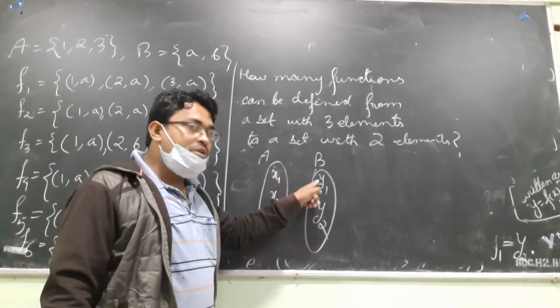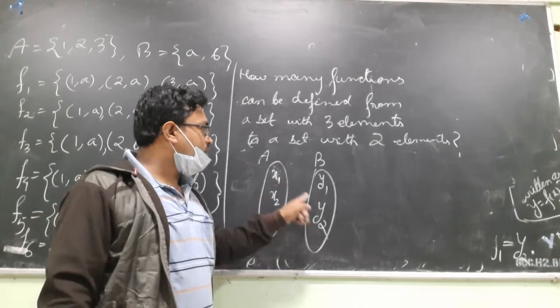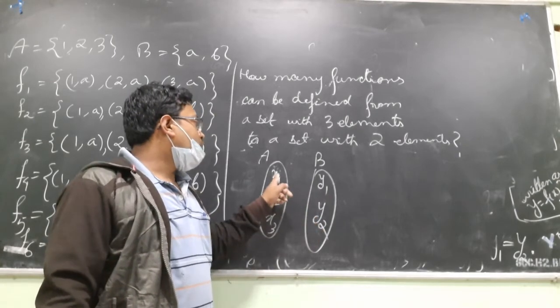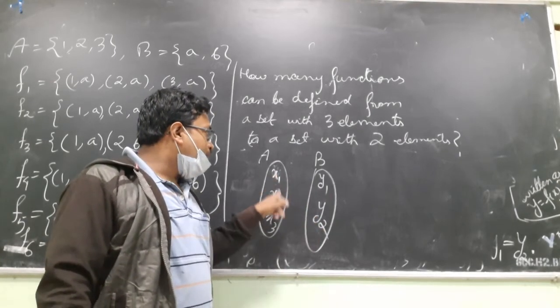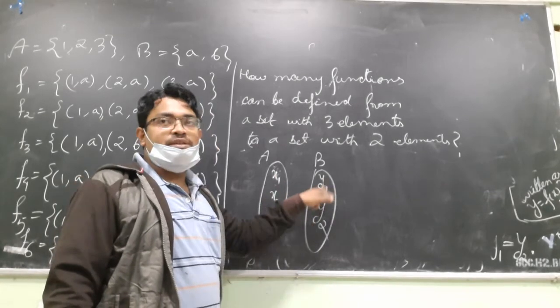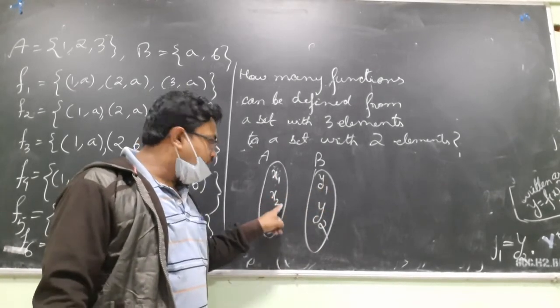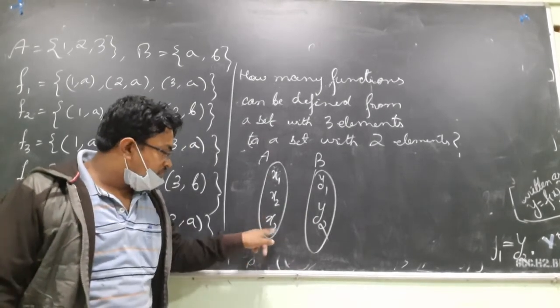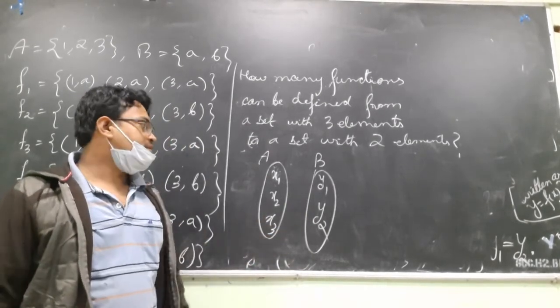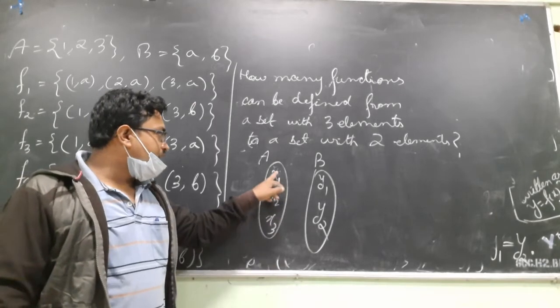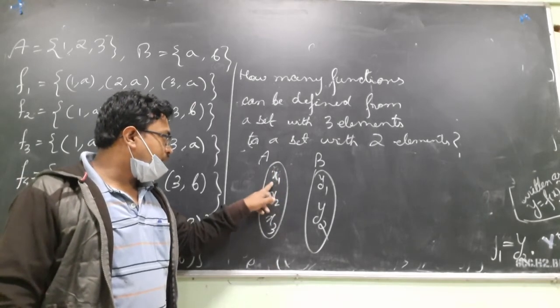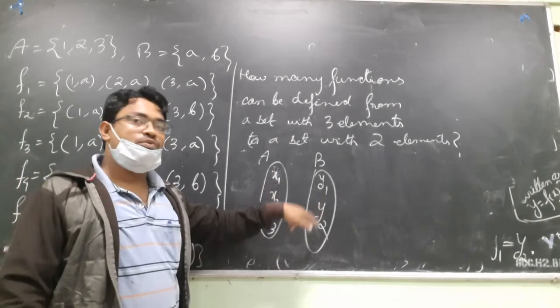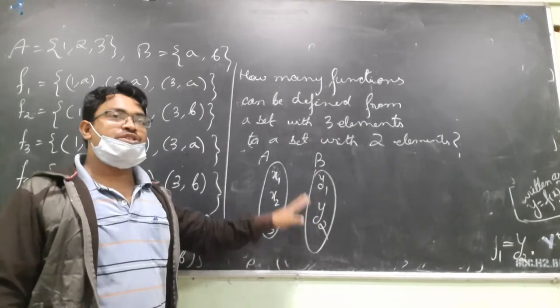The image of x1 can be y1 or y2. So for f of x1 we have two possibilities. For f of x2 we again have two possibilities. For f of x3 we have two possibilities. And for each possibility of f of x1 there are two possibilities of f of x2, because there is no restriction.